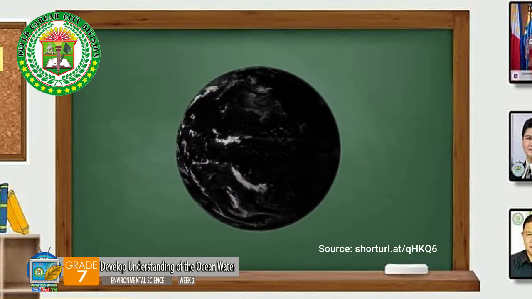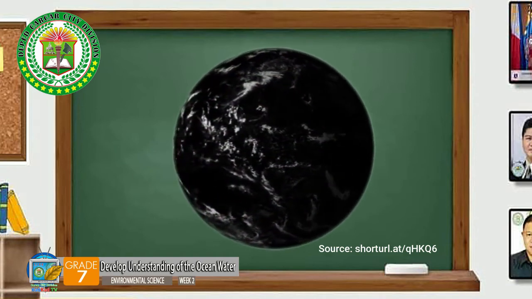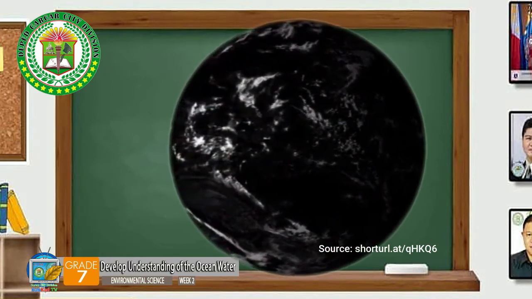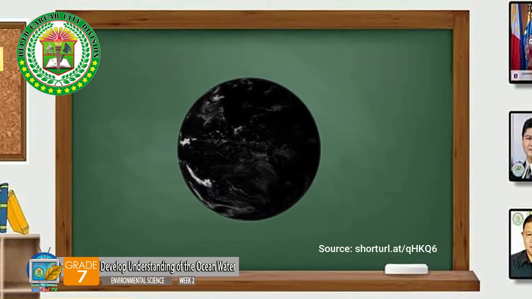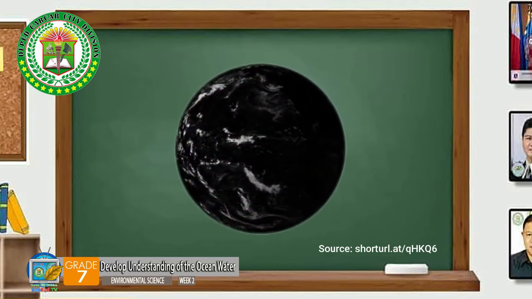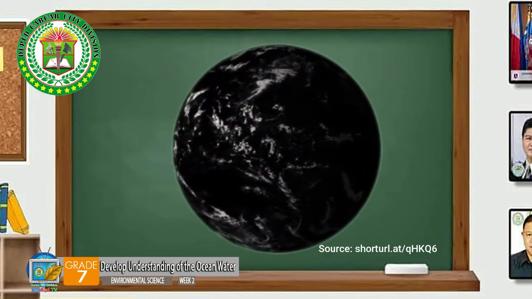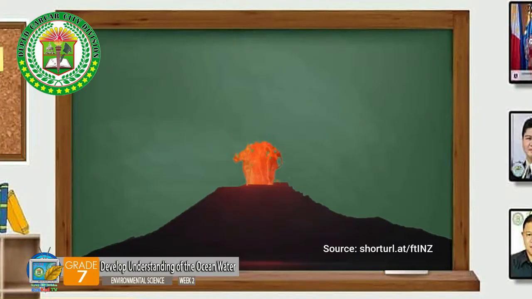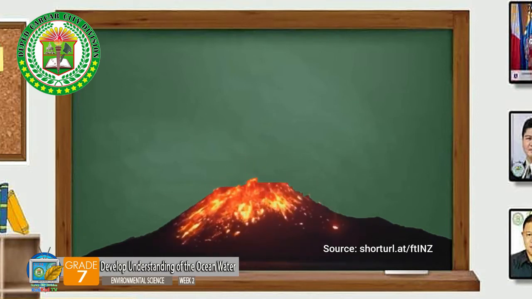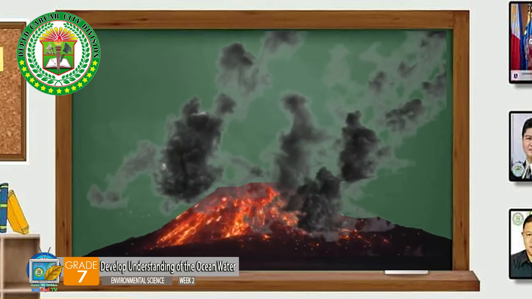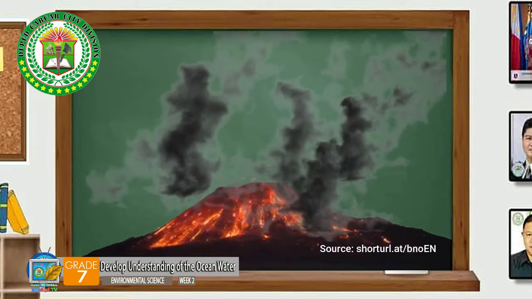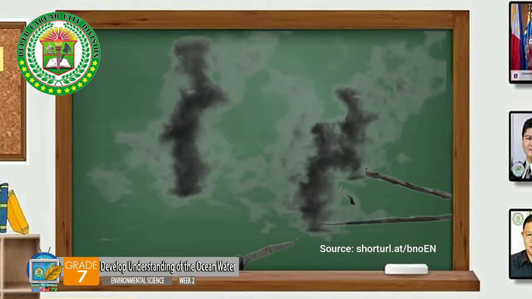There were no oceans, there was no oxygen in the atmosphere, and no life. But there were violent collisions, explosions, and eruptions. Volcanic eruptions released water vapor from the Earth's crust, while more water came from asteroids and comets that collided with the Earth.